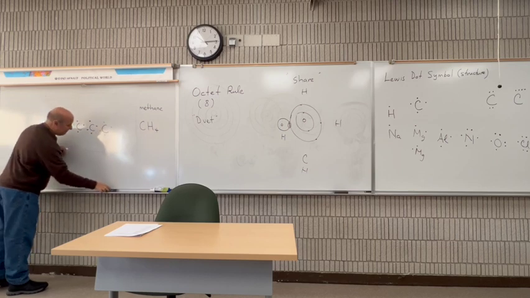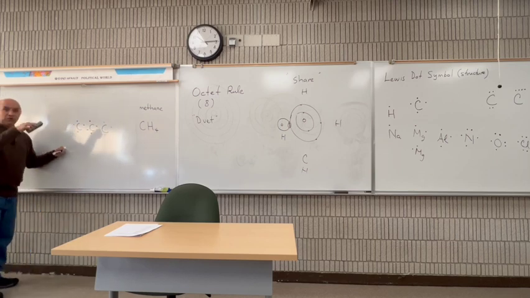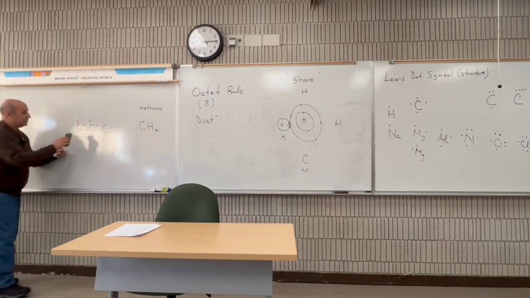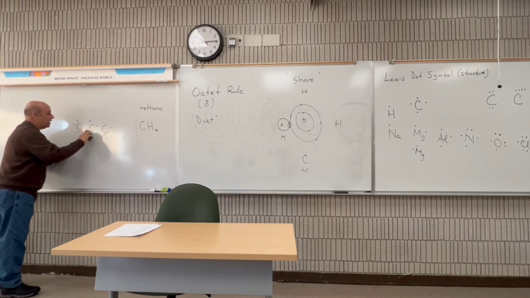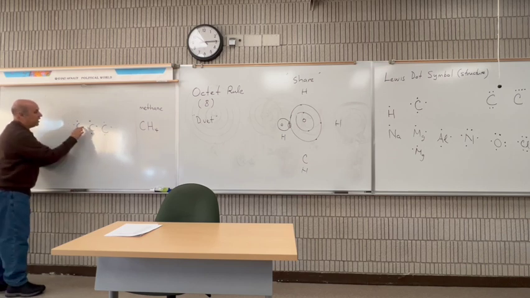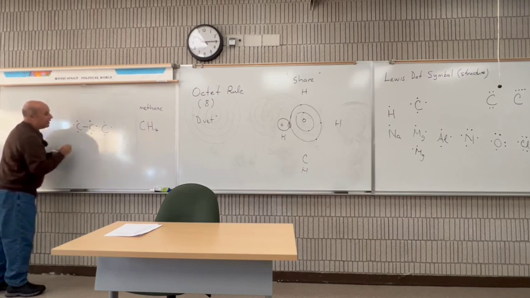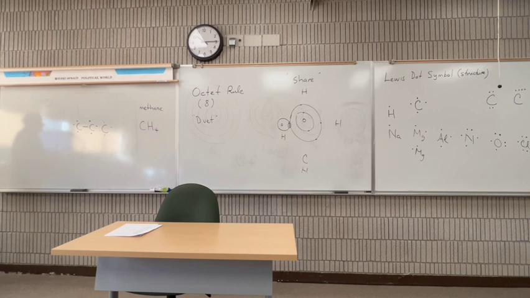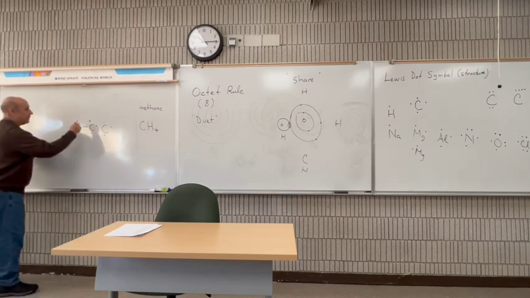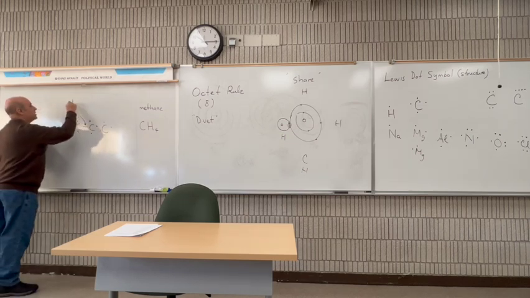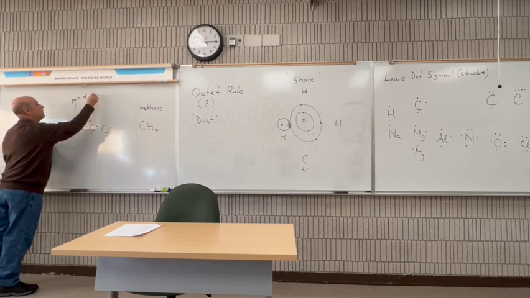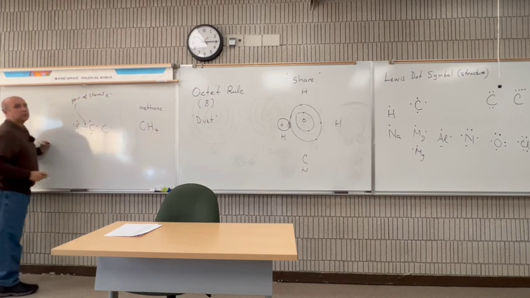I'm going to tell you that also later this chapter and next chapter, any time that you have a pair of electrons being shared between 2 atoms, instead of writing the 2 dots, we write a dash. So a dash represents a pair of shared electrons.